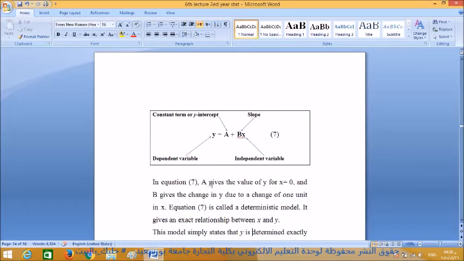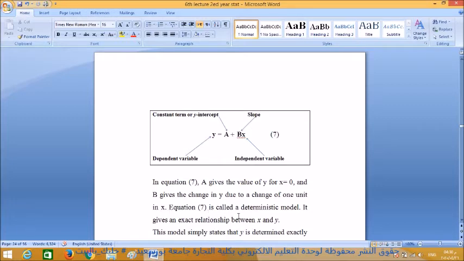So A gives the value of y when x equals 0, and B gives the change in y due to a change of 1 unit in x as we explained before.